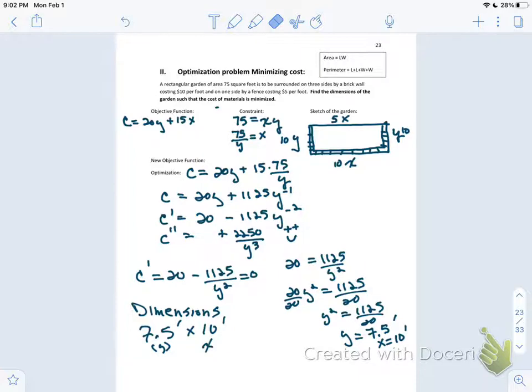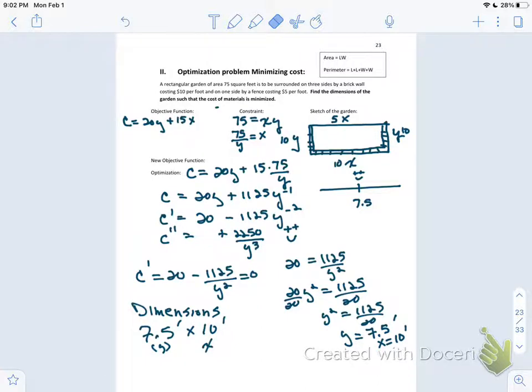Okay, so I didn't do a sine chart, so let's do that now. Since I solved for my y, I'm going to put the y on my sine chart. And what I see, if I plug into my first derivative, then what will I get? I already know that this has to be a min.